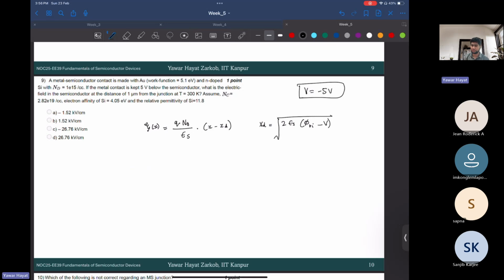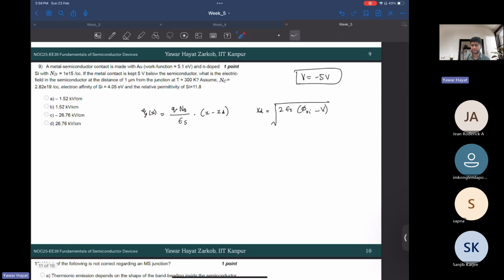And then you can proceed and calculate first xd, and then you can substitute that xd here, and you'll obtain the electric field profile, right? Once you obtain this E of x, then you'll find E of 1 micrometer, because here x is the distance from the junction. At x equal to 0, that is your actual junction, and as you increase x, you go away from the junction.